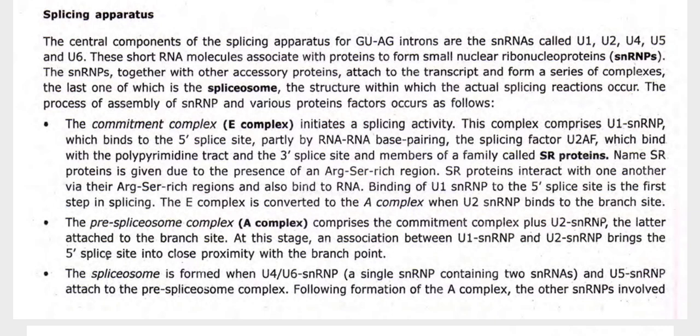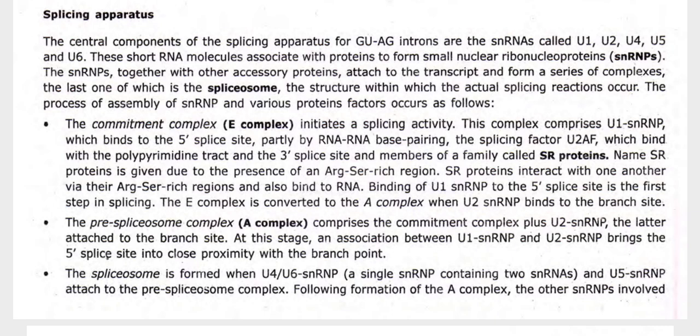SR proteins are named for the presence of an arginine-serine rich region. SR proteins interact with one another via their arginine-serine rich regions and also bind to RNA. Binding of U1 snRNP to the 5' splice site is the first step in splicing.